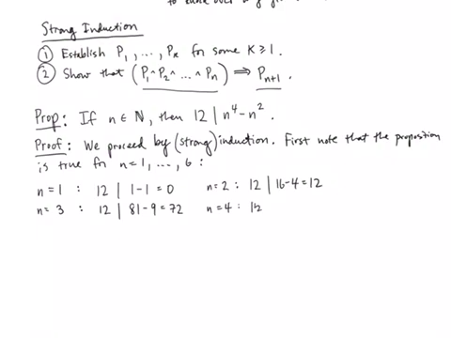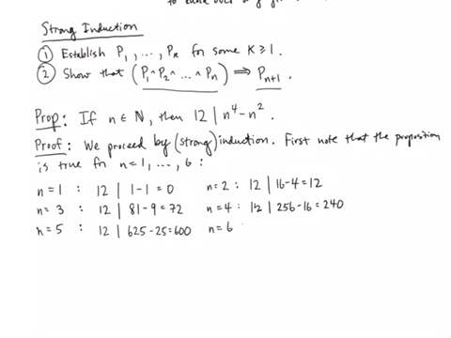N equals 4. We have 12 divides, let's see, 256 minus 16 is 240, and that's 12 times 20. For n equals 5, we have 12 divides, 5 to the 4th is 625 minus 25 is 600, and 600 is 12 times 50.